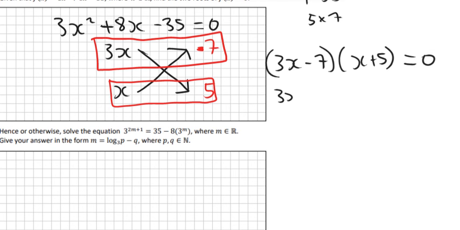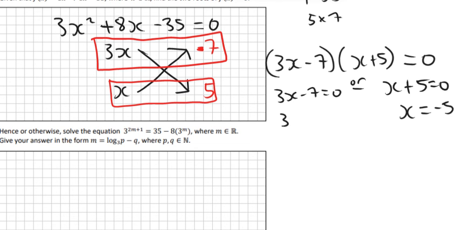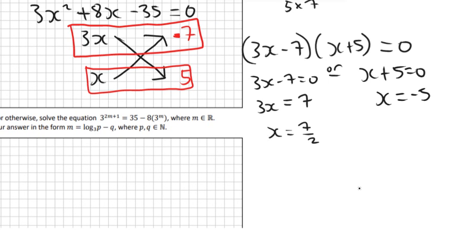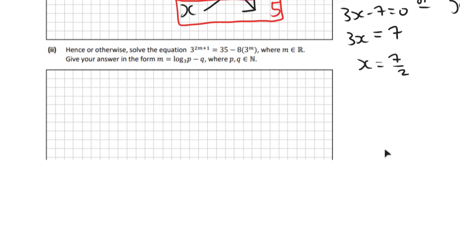So either 3x minus 7 equals 0 or x plus 5 equals 0. The x plus 5 one's easy enough. x equals minus 5. The other one you have to do in 2 steps, so 3x is equal to positive 7 because you move across the minus 7, and then x is equal to 7 over 2. So x is 7 over 2 or x is minus 5. So those are our two answers.